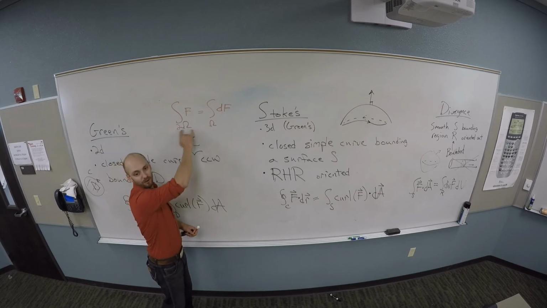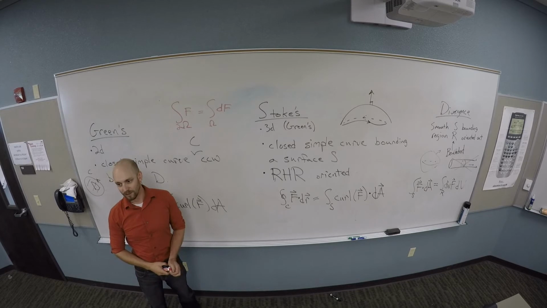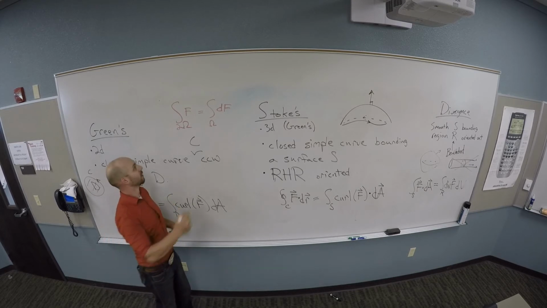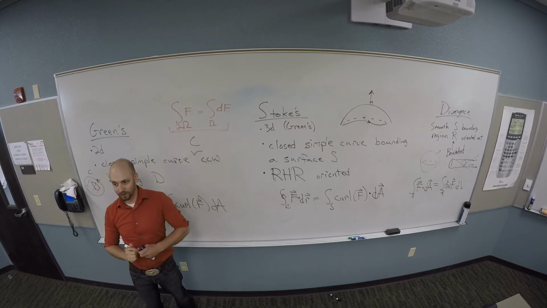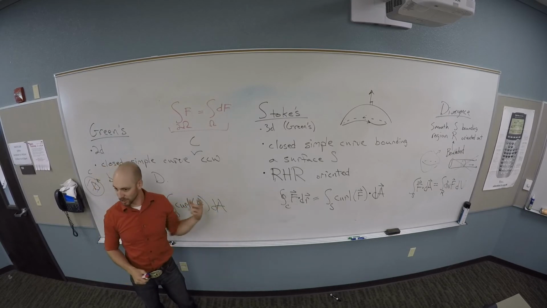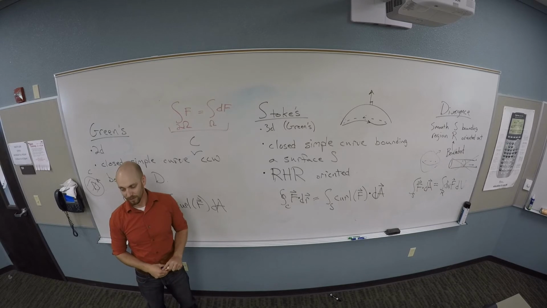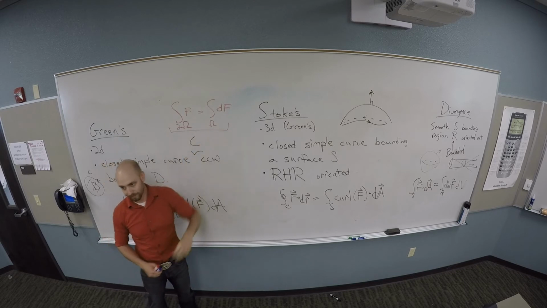I'm trading a space derivative for a vector field derivative. If you look up Stokes on Wikipedia, this is the form you're going to find. That's full-blown manifold calculus Stokes. We teach it to you in three different pieces because they're a little more digestible. Does Stokes apply to fourth and fifth dimensions? Yep, absolutely, and it works exactly this way.